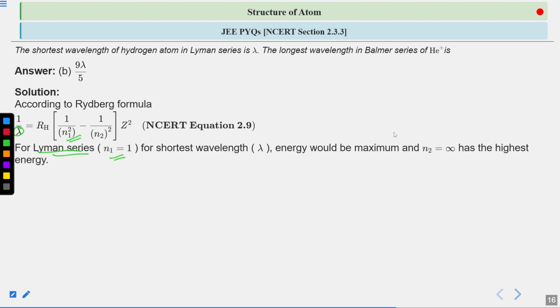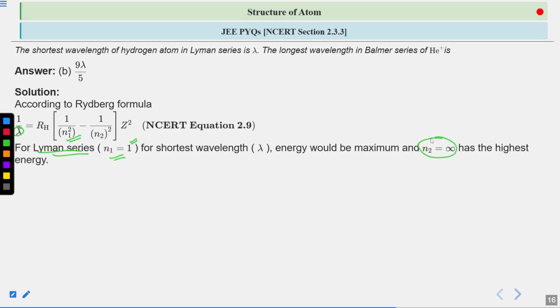Every time, if you have to take it from 1 to a state where it is releasing a higher amount of energy, then you have to take the electron to infinity. Now in this case you have to do the opposite, bring it from infinity to 1. So to get the shortest wavelength or the highest energy, you have to move from infinity. I guess this is clear to all of you.